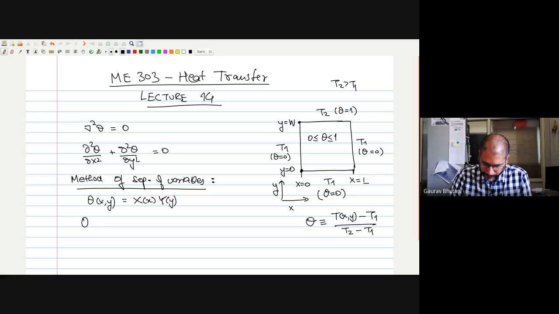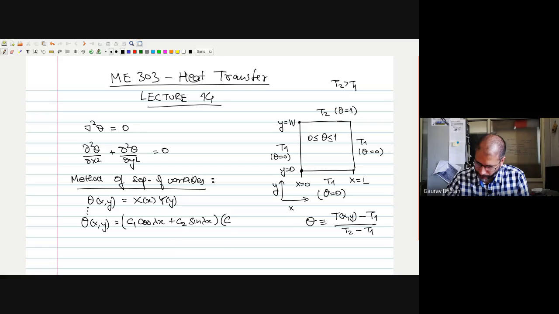After a series of steps, our theta finally came out to be C1 cos lambda x plus C2 sin lambda x, multiplied by C3 e to the power of minus lambda y plus C4 e to the power of lambda y.